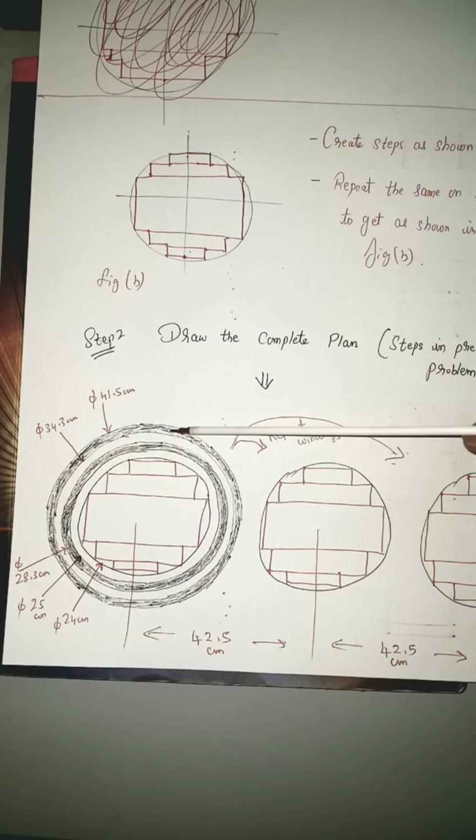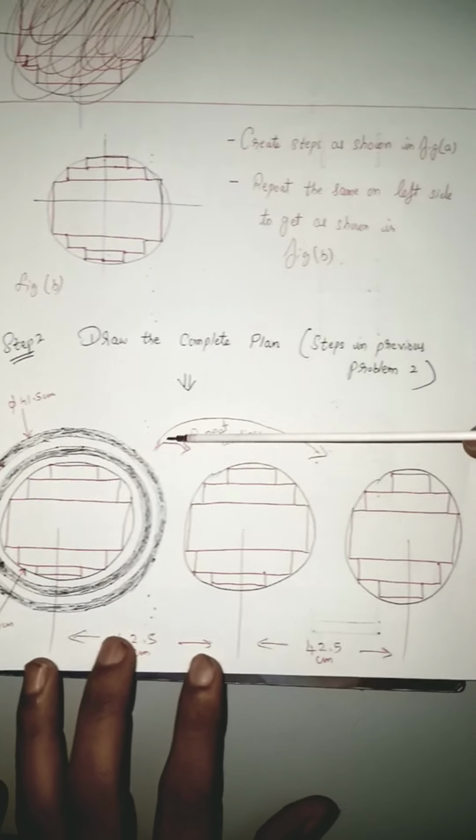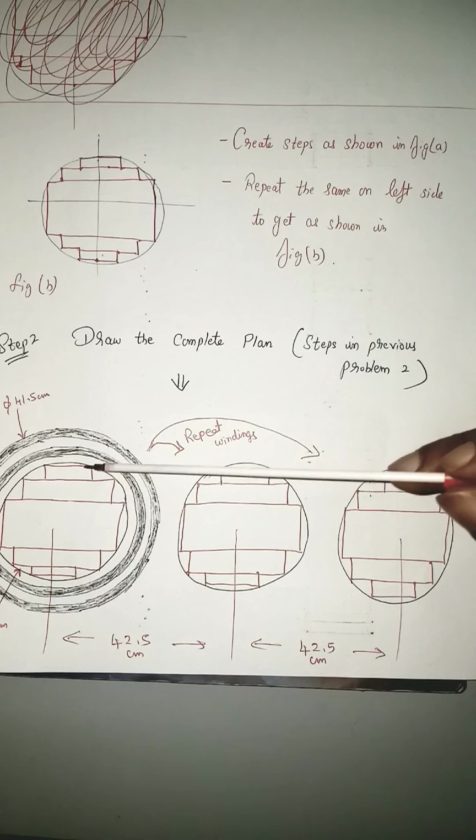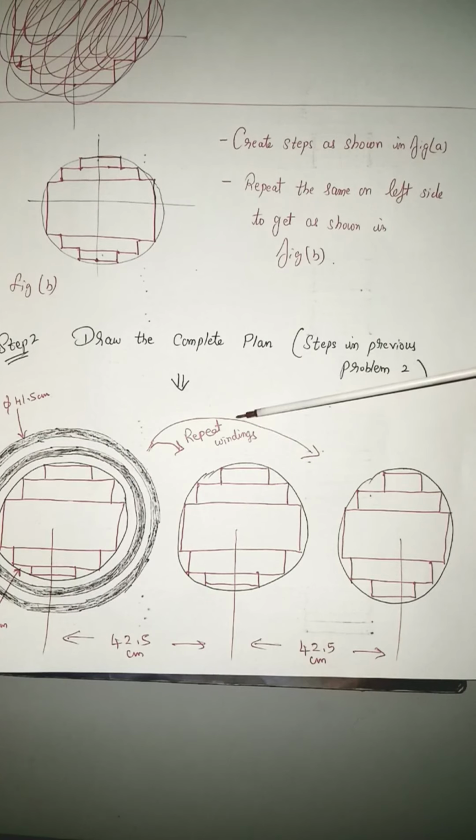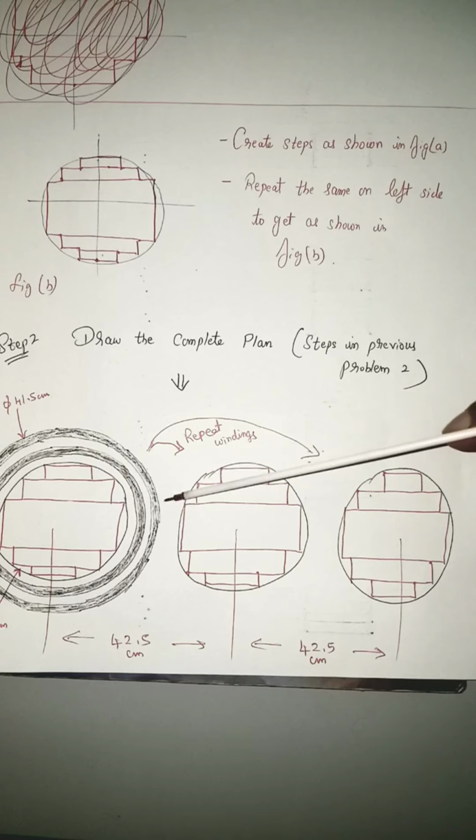Now this transformer is a 3-phase transformer, so obviously it will have 3 limbs. So you'll have to draw replicas of this particular plan for the second limb and third limb also. And I've given repeat windings. I've not represented the windings here due to lack of space, otherwise it might overlap.